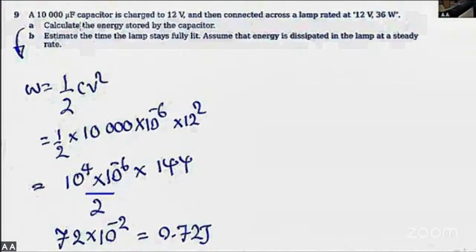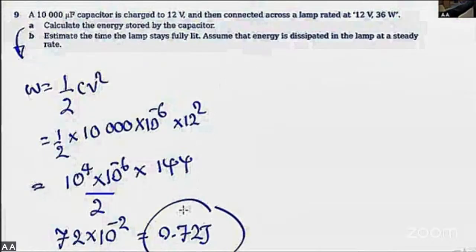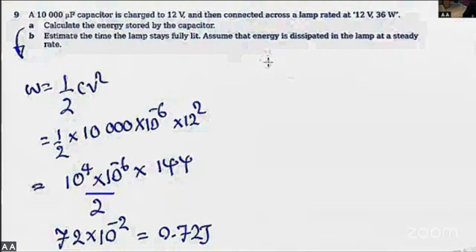Part B, estimate the time the lamp stays fully lit. Assume that the energy is dissipated in the lamp at a steady rate. Then this energy in the capacitor is used to light up the lamp. The lamp has 12 volt and needs to supply 12 volt.